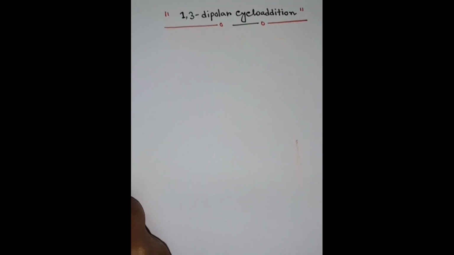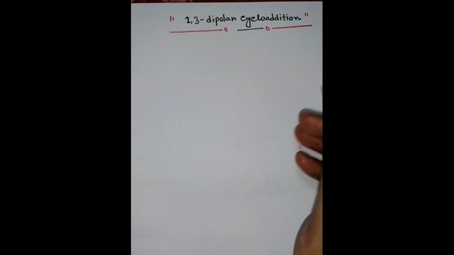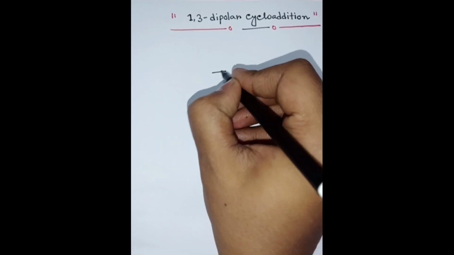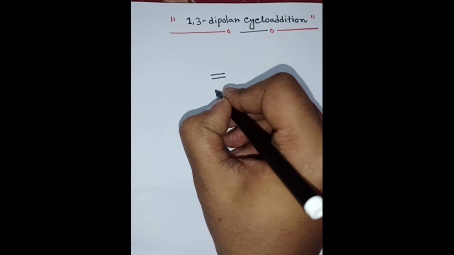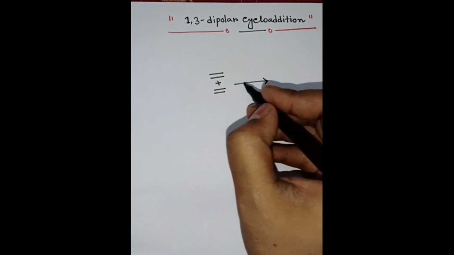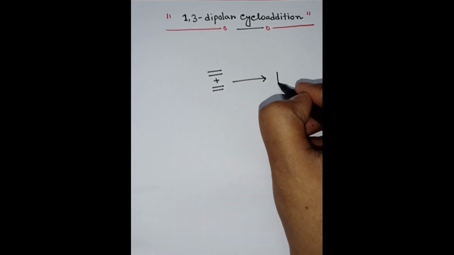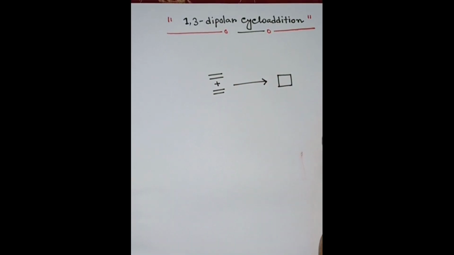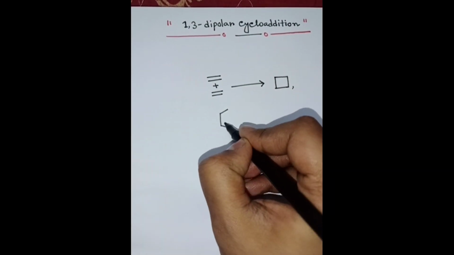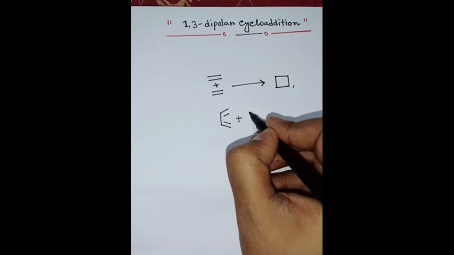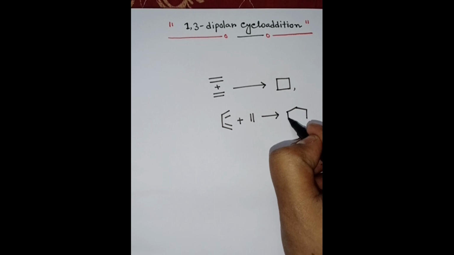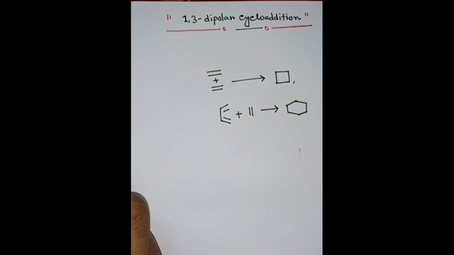First I will tell why 1,3-dipolar cycloaddition is important. You all know that in the 2+2 cycloaddition reaction we can get a 4-membered cyclic compound, and in the case of Diels-Alder we can get a 6-membered cyclic compound.